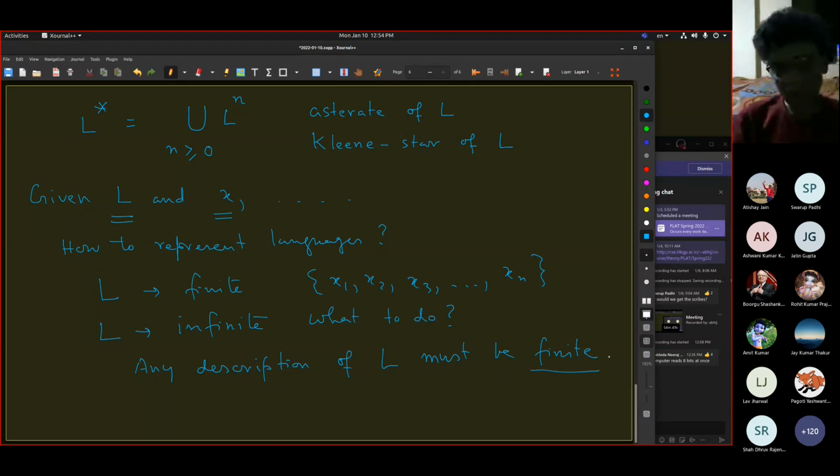We cannot represent infinite languages by explicit enumeration of these strings, because that description is infinite. Therefore, we have to do something with infinite languages.